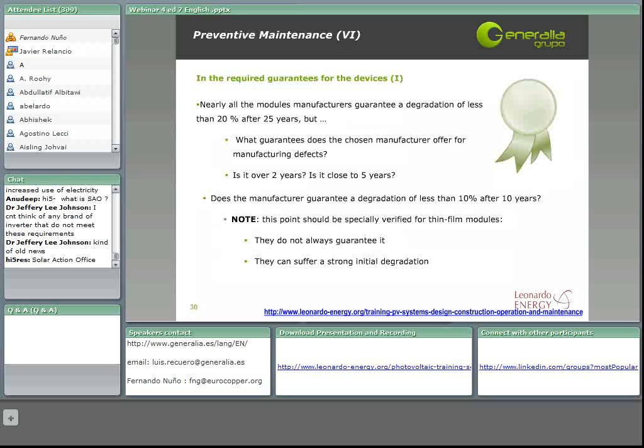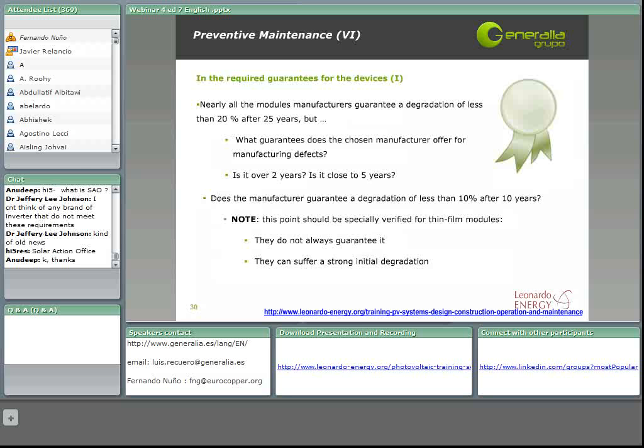But what happens for manufacturing defects? The guarantee varies from 2 to 5 years. So, we have to check how many years the manufacturer that we have selected guarantees for this type of defects.